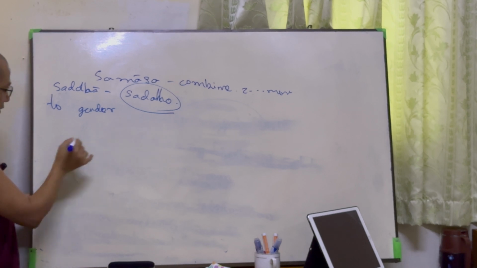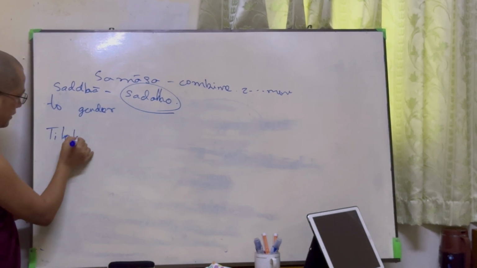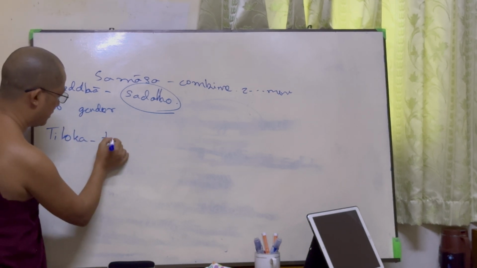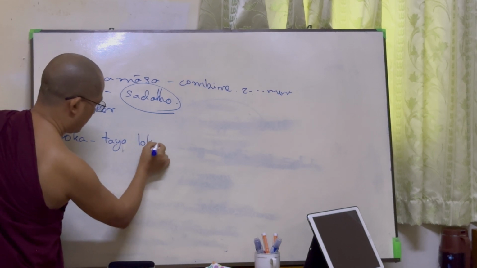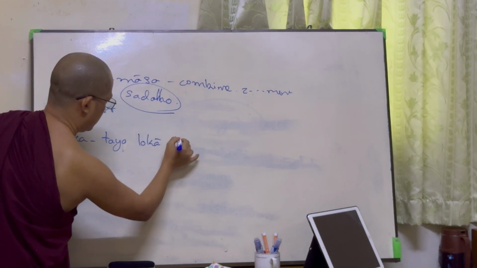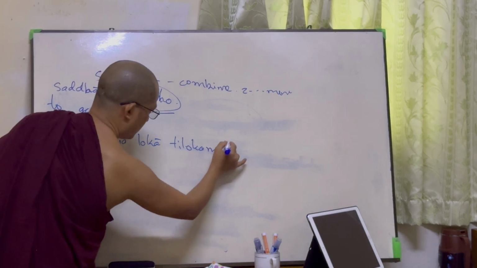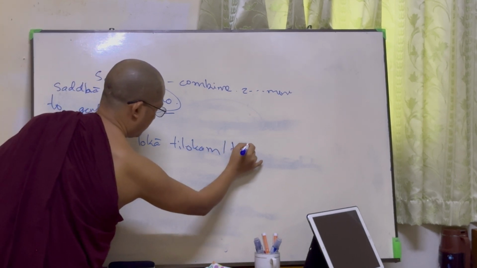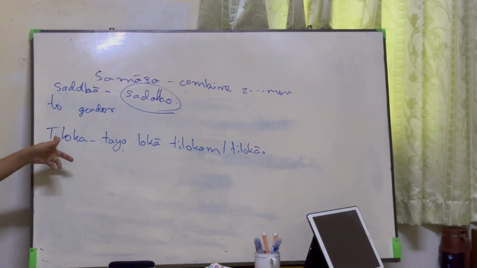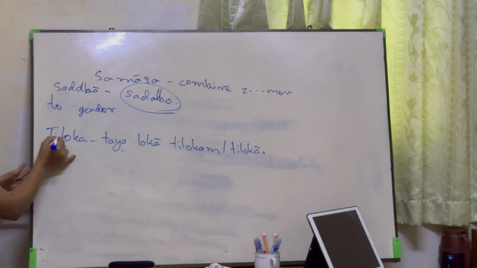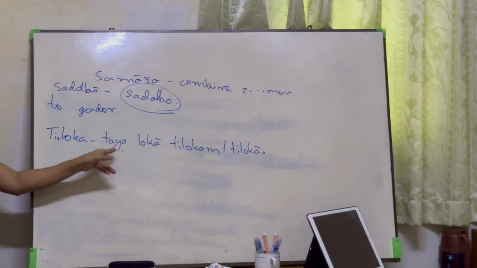When we made the first example, I said Tiloka. Ti plus loka. Two-way definition. Here, ti and loka combine. Ti is the number. This ti is also based on gender change.